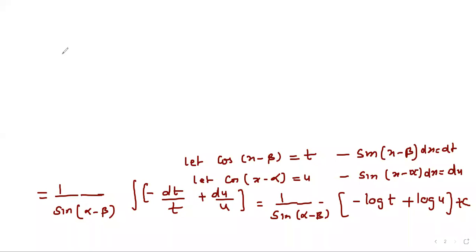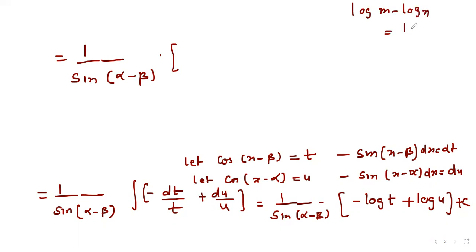So it will become 1 upon sine alpha minus beta times, we apply the property of log. The property of log is log m minus log n is equal to log m upon n. So here u will be in the numerator and t will be in the denominator. So it will become log u upon t plus c.